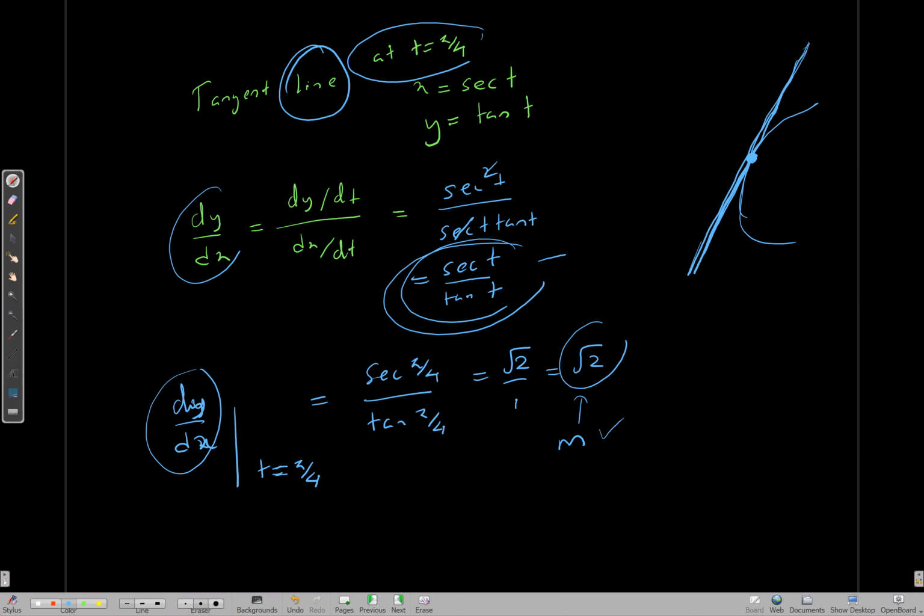What you need to do is plug this value here, then you get x and y for this point. So x is secant pi over 4 and y is tangent pi over 4.